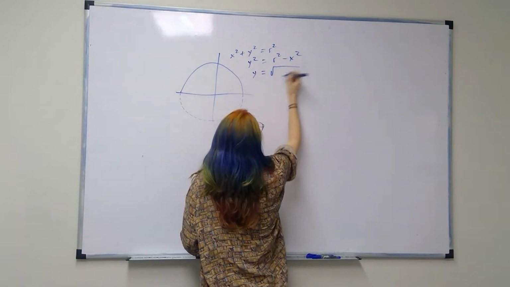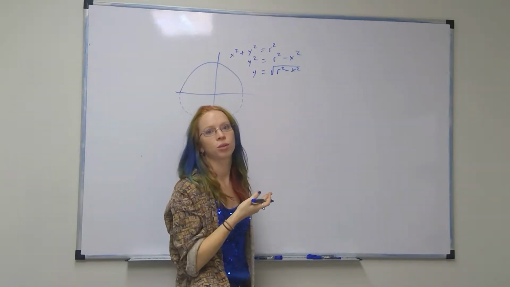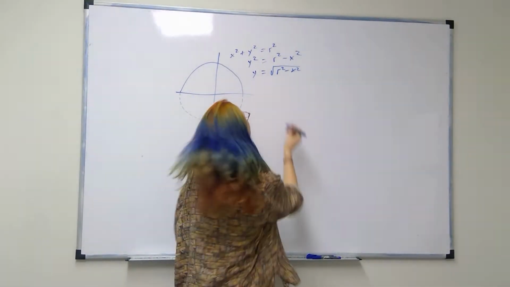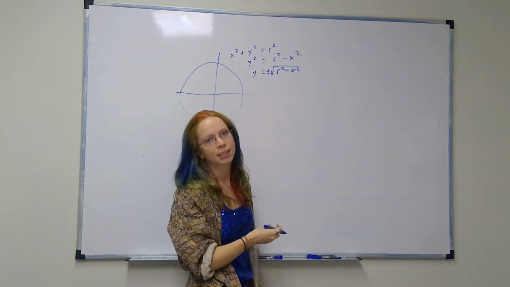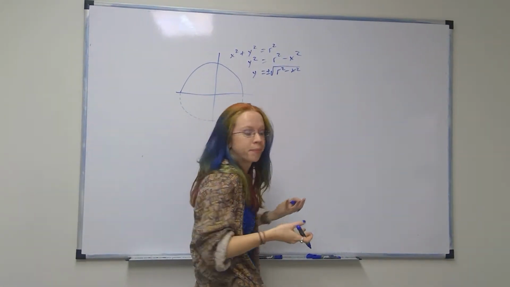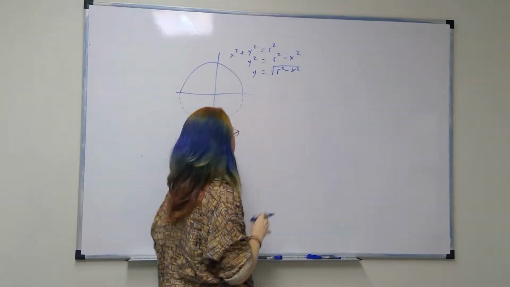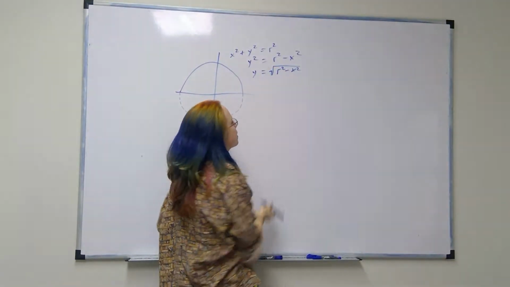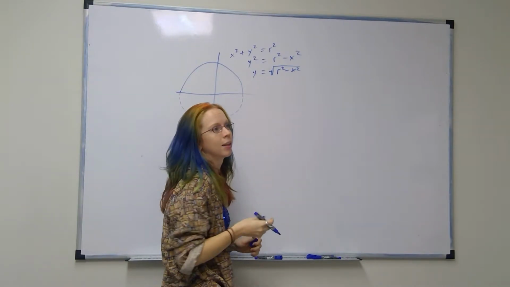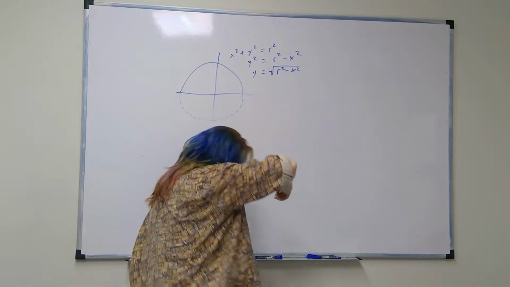So I'm only going to keep the positive square root. And if I just say square root, I mean the positive square root. If I stick the plus or minus, I'm including the entire circle, but I'm not a function anymore. So I'm only interested in the top piece. The reason is it's going to work.